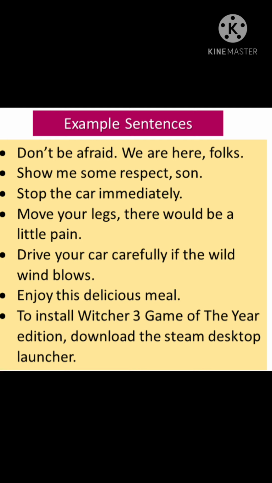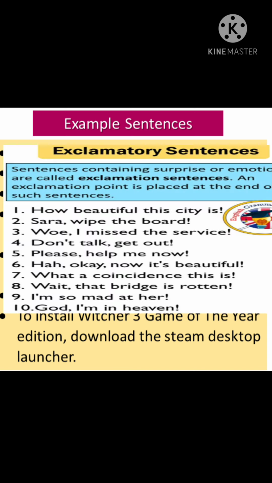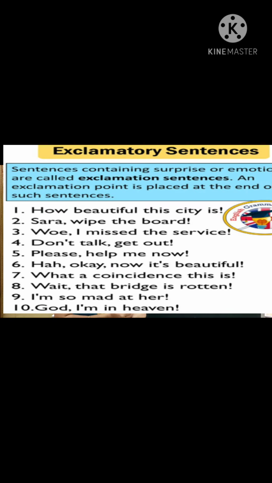Now let us see the last type of sentences, that is exclamatory sentences. What is an exclamatory sentence? Sentences containing surprise or emotions are called exclamatory sentences. That means if you are extremely surprised, extremely happy, or shocked about something, that is about your emotions, we call it an exclamatory sentence, and an exclamation mark is placed at the end.